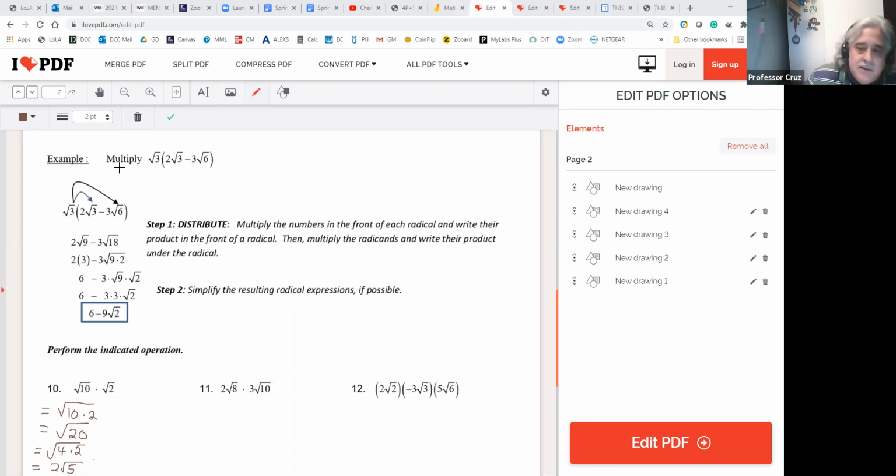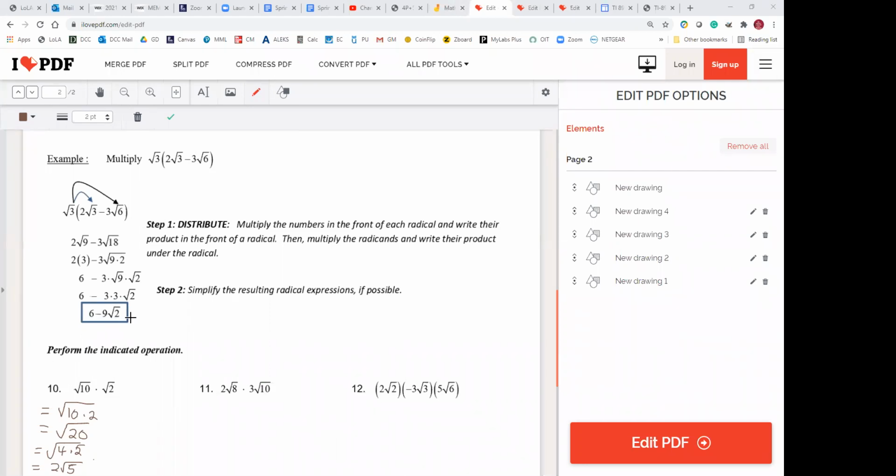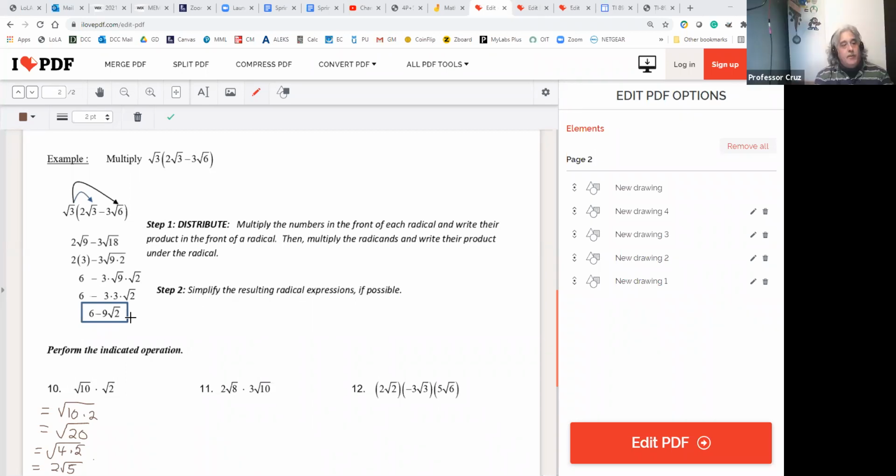This is 6 wholes, and this is 9 square roots of 2. It works on the same basic principle as the variables do. Remember, if you got 6 minus 9x, you can't put those together because one of them is whole numbers, the other one is x's. They're different terms, like apples and oranges or something like that you could think of.